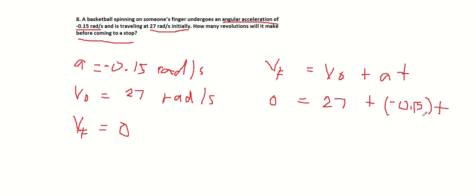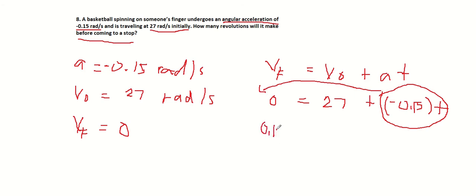So ito, kung gagawin mo dito, negative 0.15 times t, o dun sa time, makukuha mo dito is negative 0.15t. Negative 0.15t na yan. So meron na tayong variable, yung t. So since negative yan dito, pag transpose mo yan sa kabila, magiging positive. So, magiging positive 0.15t, o yung time, equals sa 27.